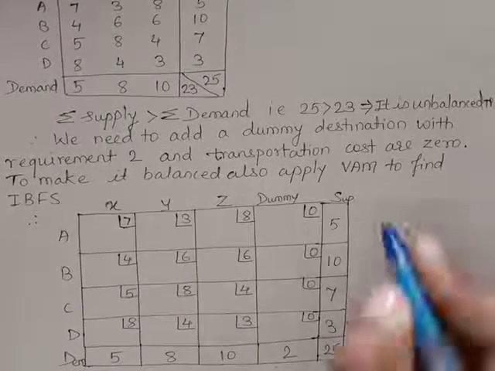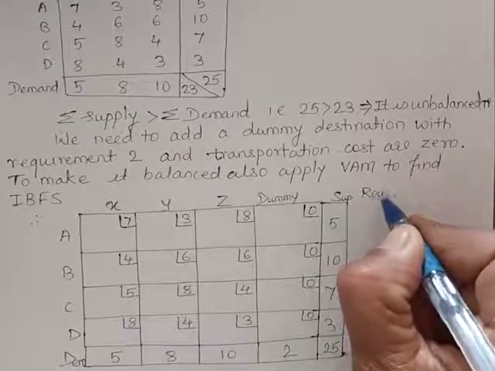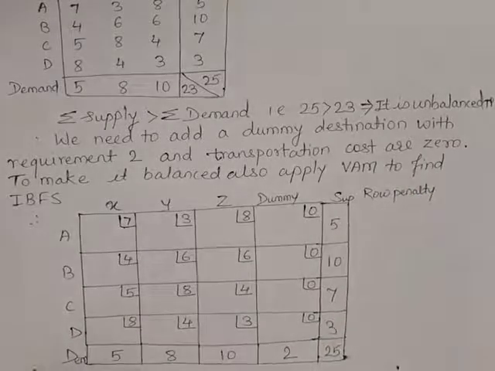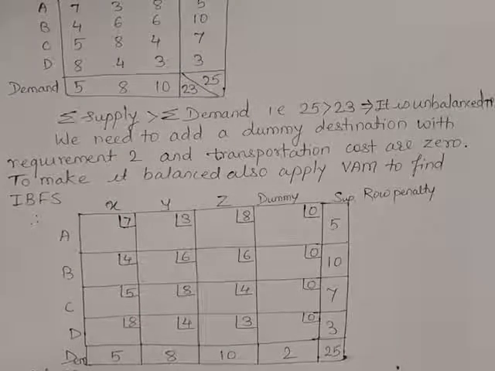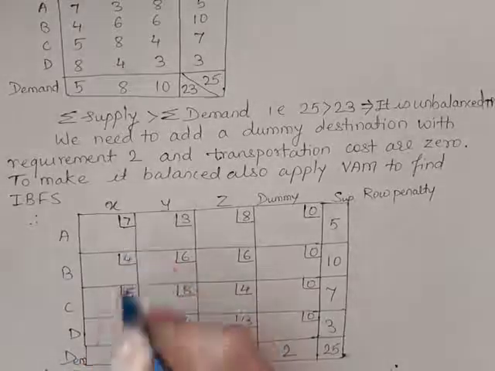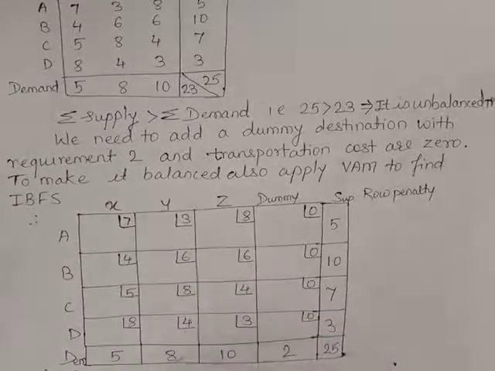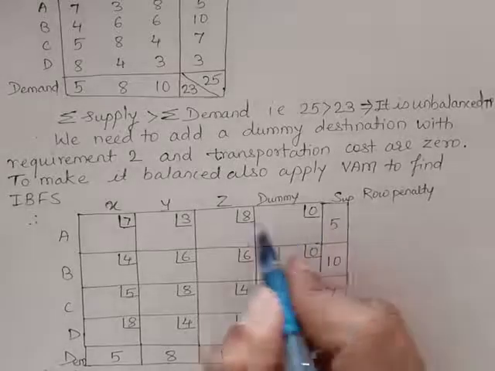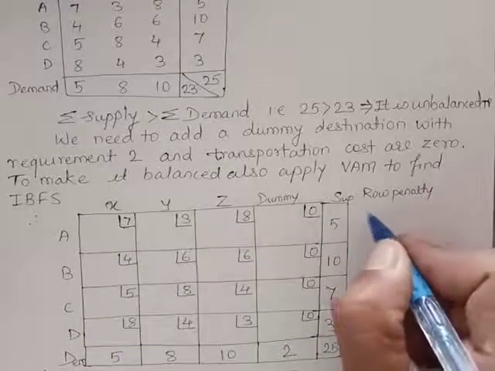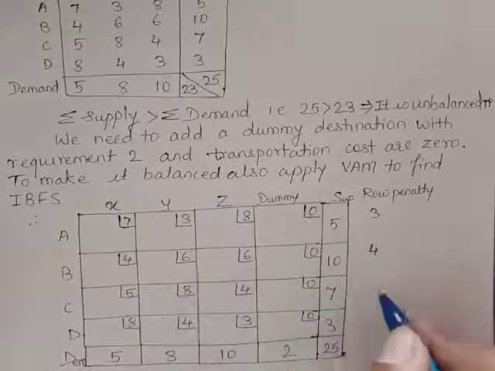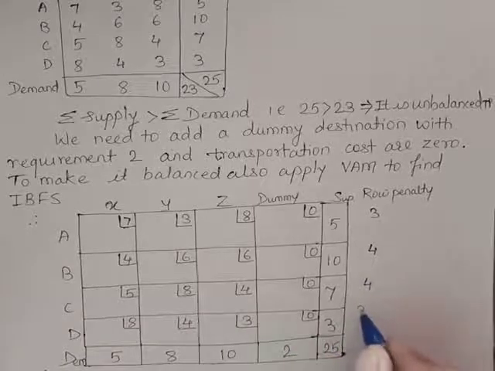This will become balanced. So now let's find out row penalty and column penalty. So here the column penalty is 1, here it is 1 again, here it is again 1, here 0, here it will be 3, here it is 4, here again 4, here again 3.